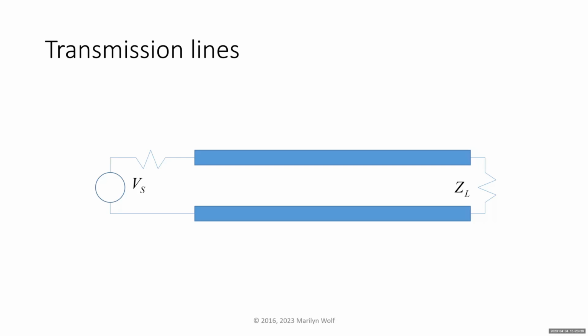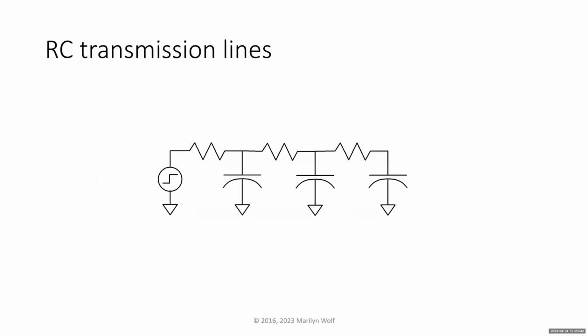The transmission line can have resistive components, capacitive components, and inductive components. For the moment, let's just stick with resistive and capacitive lines, or RC transmission lines. So we have on the left-hand side input, let's say it's a step function. We think of the transmission line as these segments.